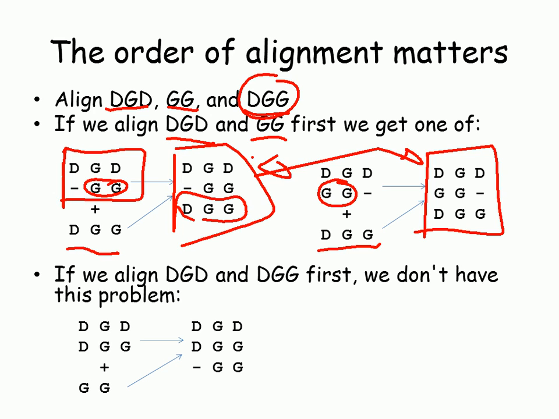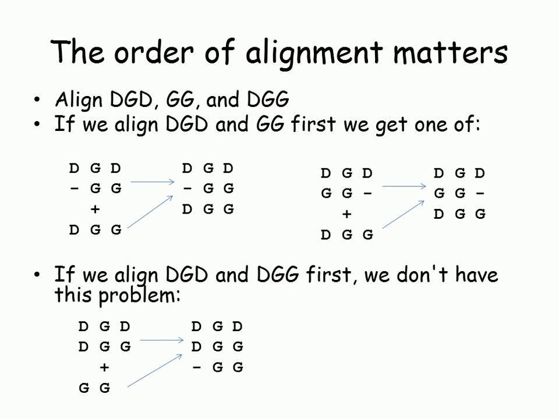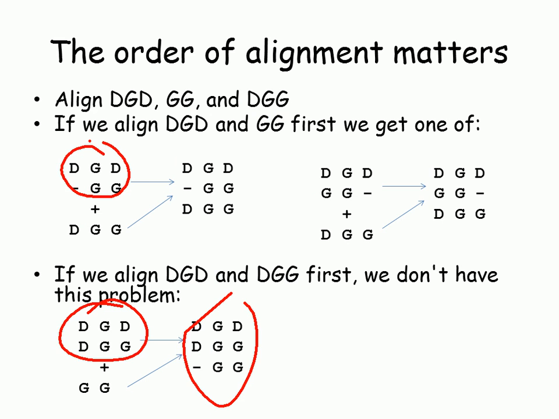All right. But if we align DGD with DGG first, so that is set in stone, then we don't have this problem. GG will go in here, okay, because it has a higher score. So if we align these two first, we get a different alignment than if we align these two first.